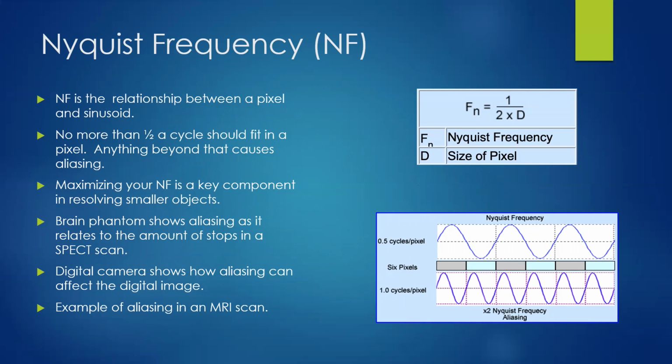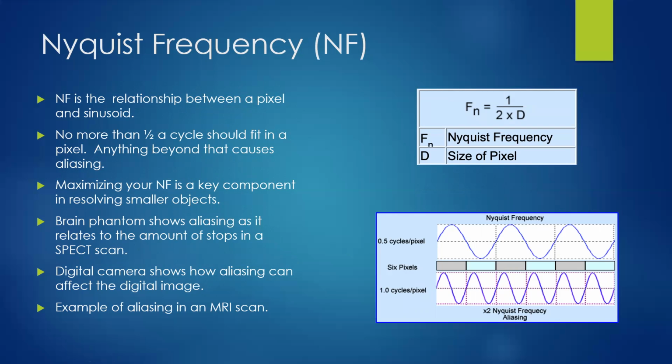Nyquist frequency, another concept that we need to bring into our array of understanding the frequency domain. And NF, for Nyquist frequency, the important thing to appreciate is that it has a definition. Our Nyquist frequency maximizes our best resolution of what we can see in an object.